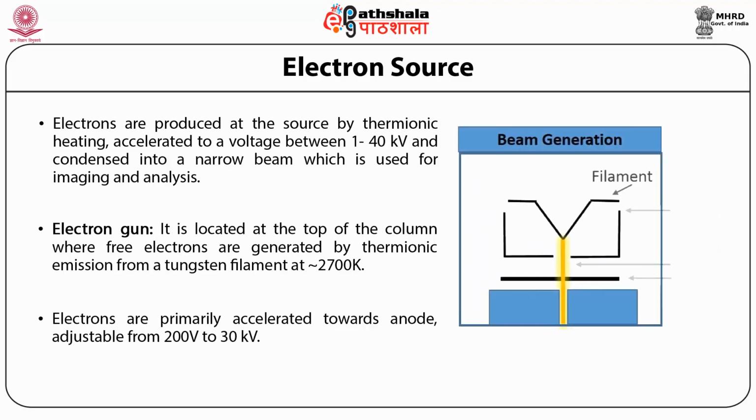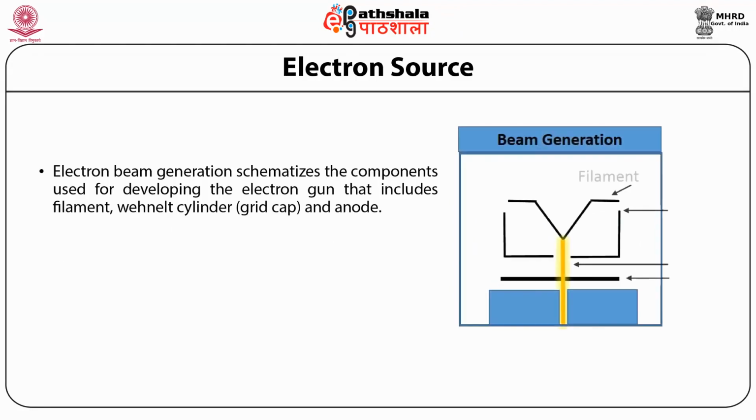Electrons are primarily accelerated towards the anode, adjustable from 200 volts to 30 kilovolts. Figure 2 schematizes the components used for developing the electron gun, which includes the filament, Wehnelt cylinder and anode.